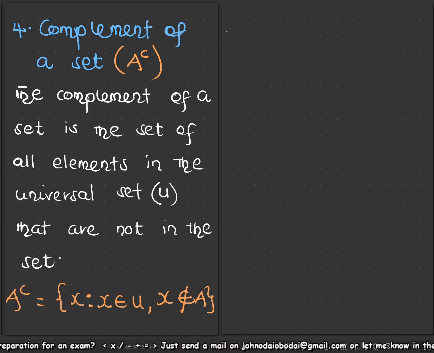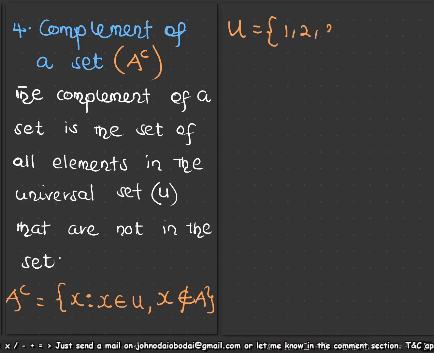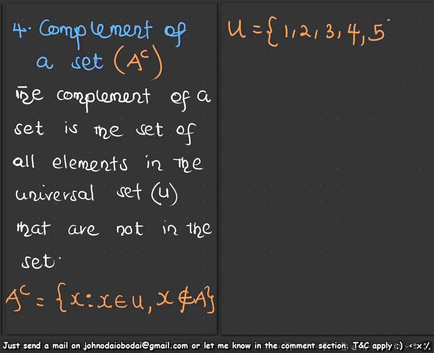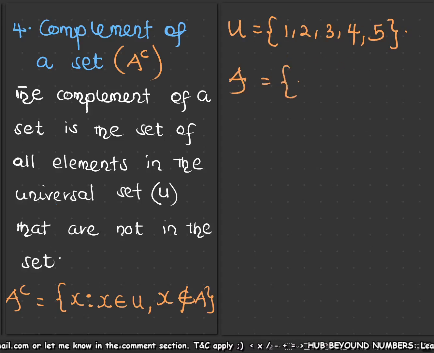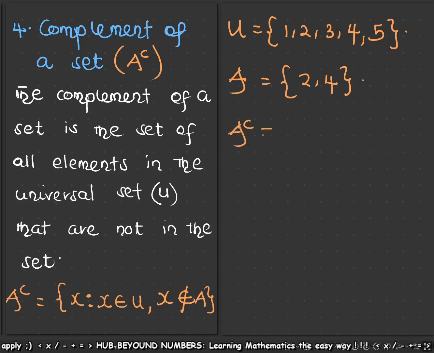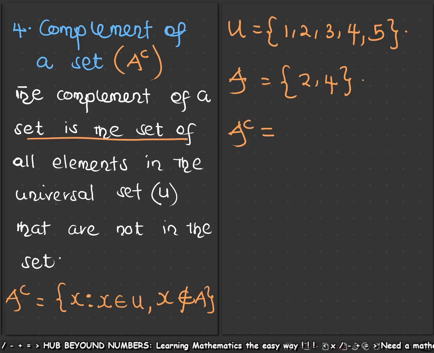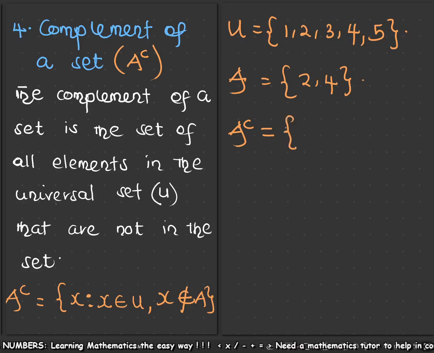What this means is if we have a universal set which has elements 1, 2, 3, 4, and then 5, and I take set A to be the even numbers in the set, then that is going to be just 2 and then 4. But if I want the complement of A, then what remains is the set in the universal set, but not in A. Starting from 1, it is in the universal set, but is it in A?